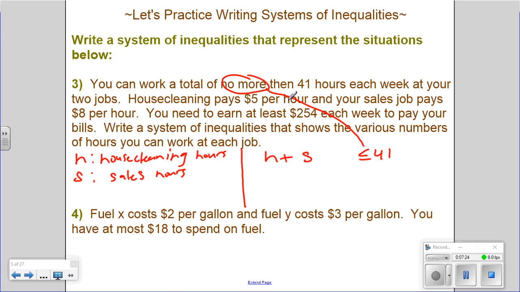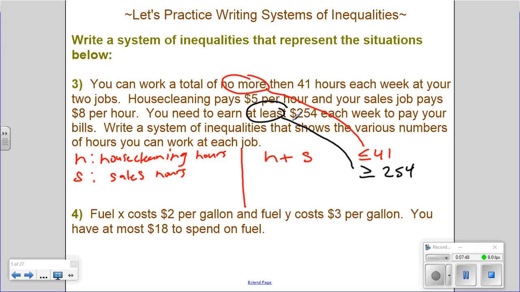The second inequality comes from the next sentence. You need to earn at least $254. So at least means I can earn $254 or more. So I'm going to use greater than or equal to 254 for this scenario.